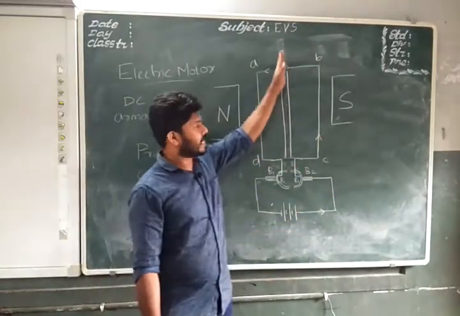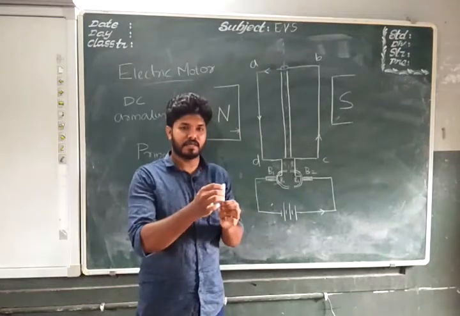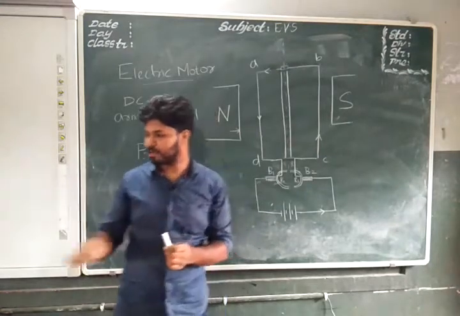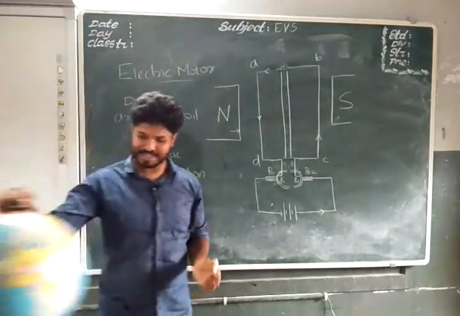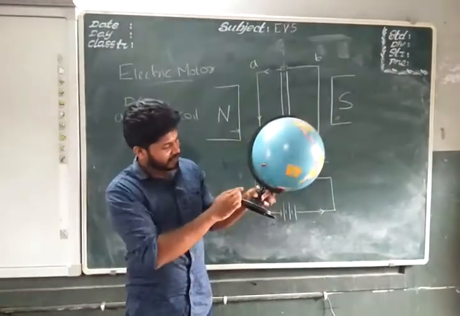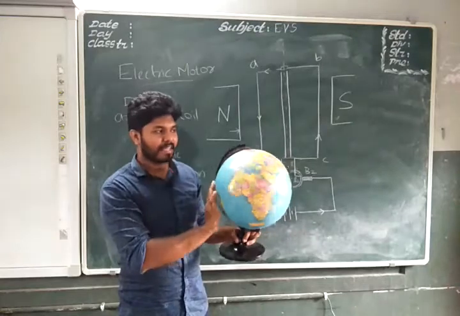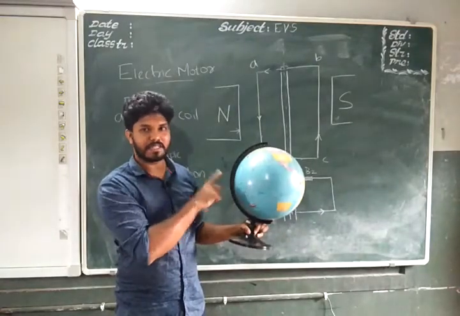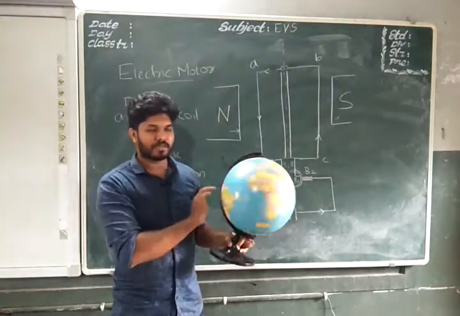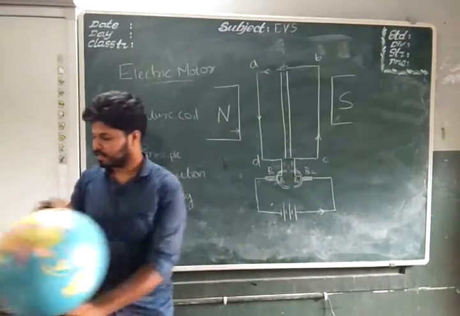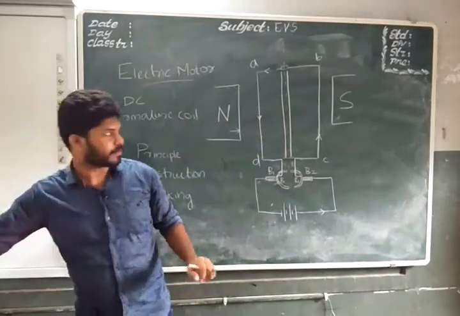It is fixed on an axis like this. It's moving on an axis like our globe. Here I have a globe, which I brought for third class students. See here, it's moving on an axis, isn't it? Like this, our armature coil is fixed on an axis, so it can rotate on the axis. So that is the experimental setup.